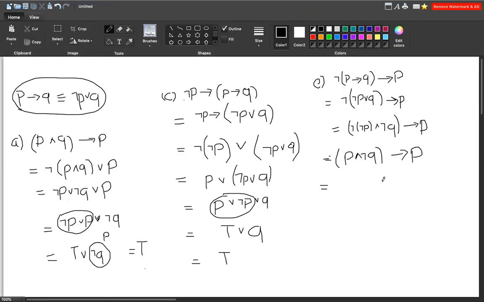So negation of this thing, P and negation of Q, or P.